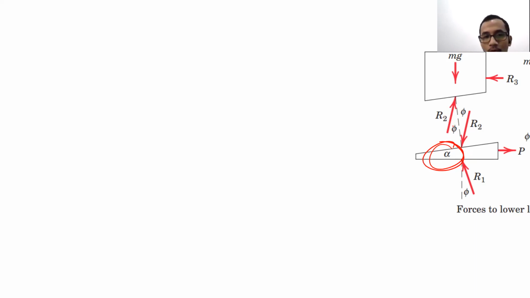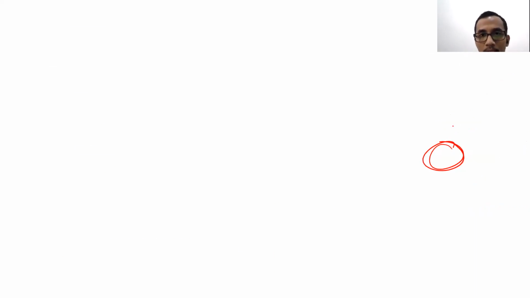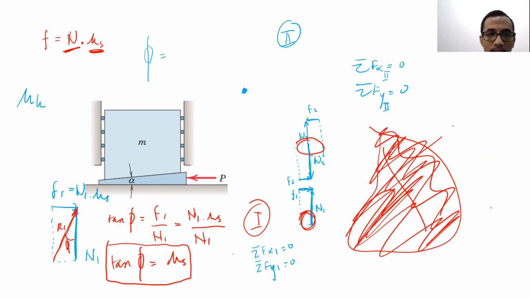So the condition of self-lock is the condition where after you push the wedge in, then after that you erase this particular force.